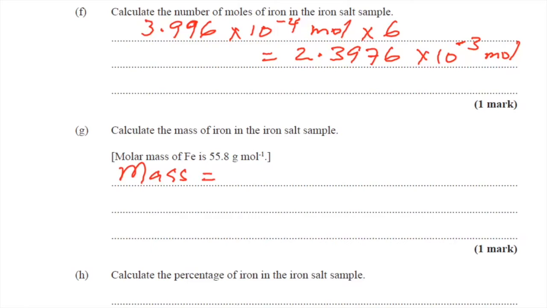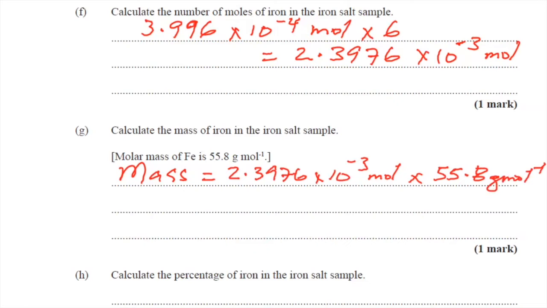So it's the number of moles that we have in F, which is 2.3976 times 10 to the minus 3 moles, multiplied by the molar mass, which is 55.8 grams per mole. The per mole would cancel out the mole and we would end up with grams. When we do that, we will have 0.13 grams of iron, Fe.